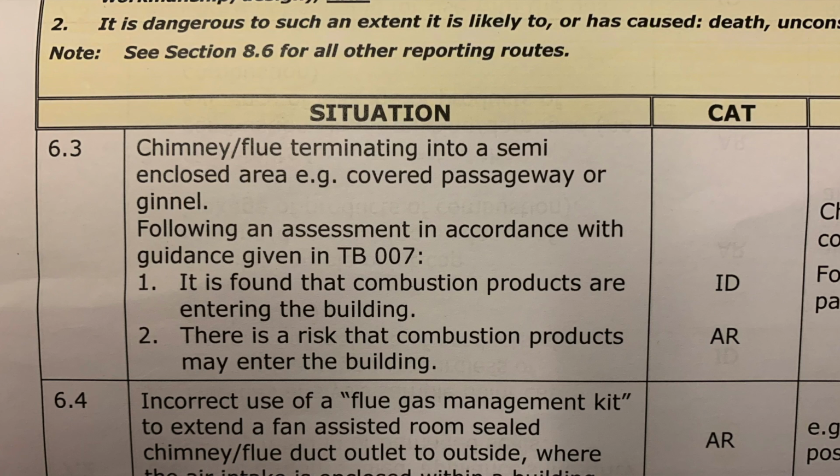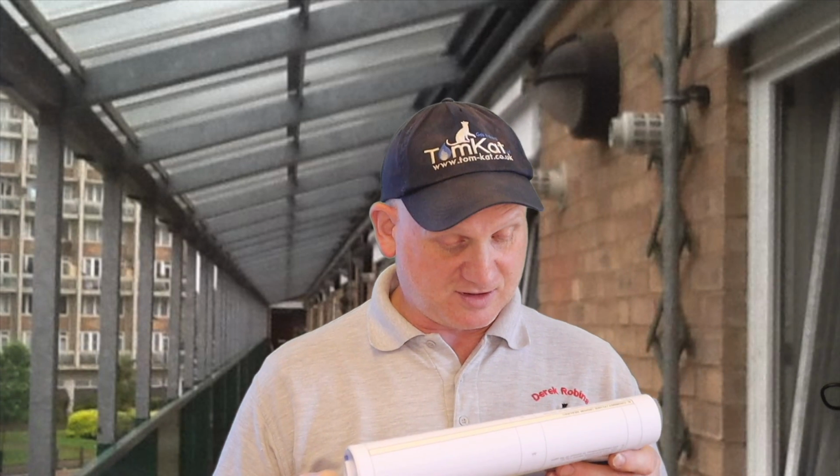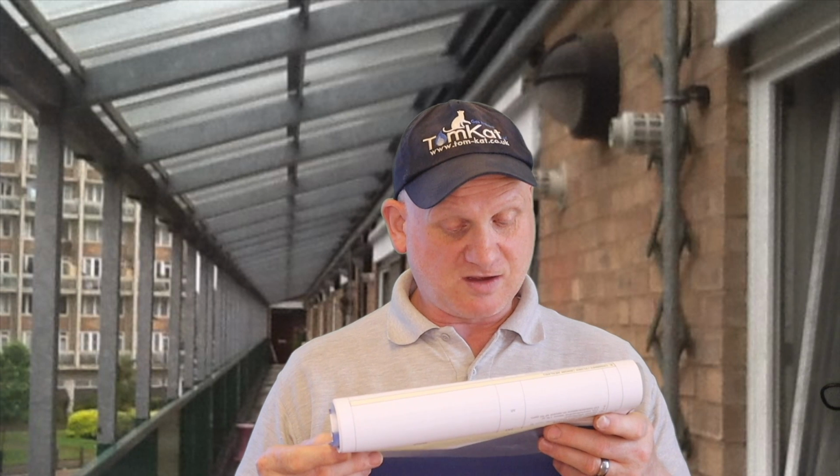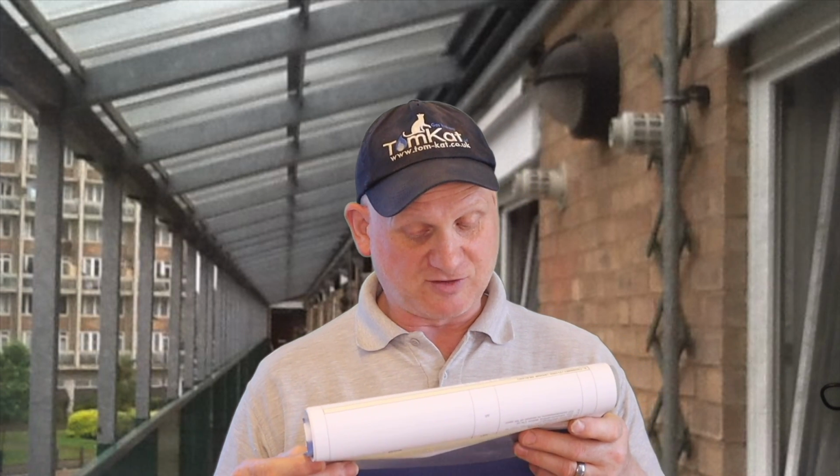It says following an assessment in accordance with the guidance given in TB007, so Technical Bulletin 007, if it is found that the combustion products are entering the building, then we will be classifying this as immediately dangerous. Or if there is a risk of the combustion products maybe entering the building, it would be at risk. And I think there's a pretty big chance of combustion products entering this building.